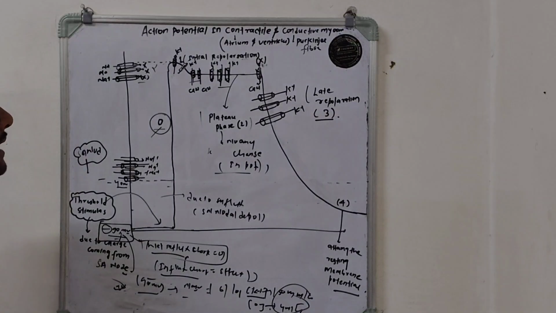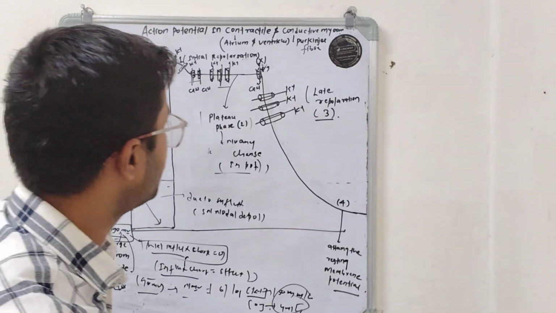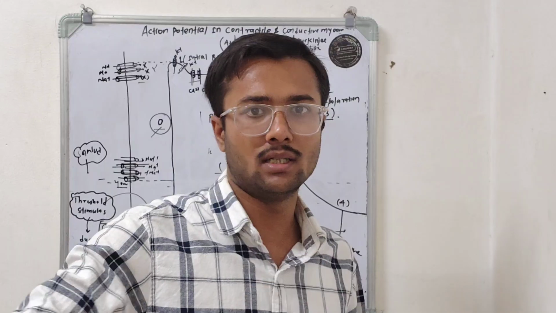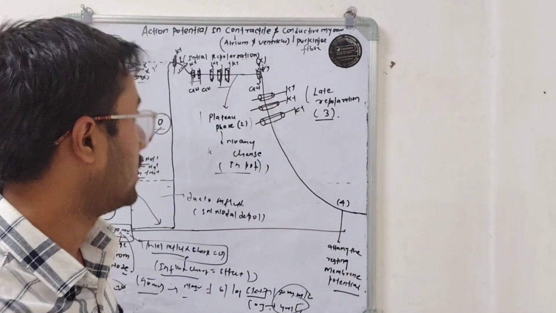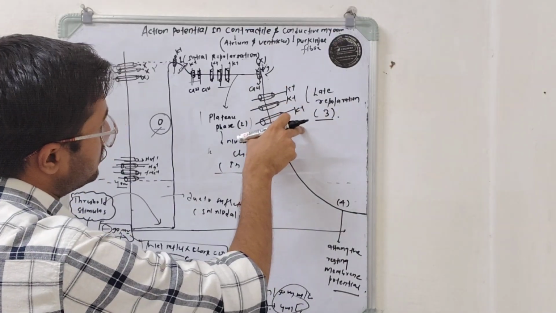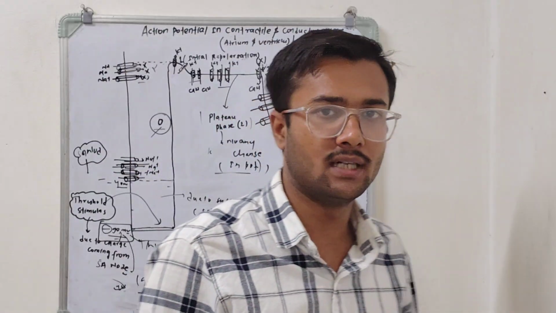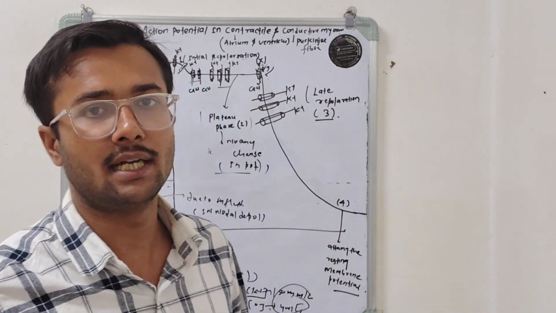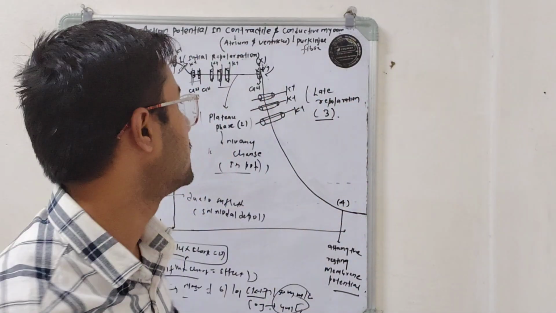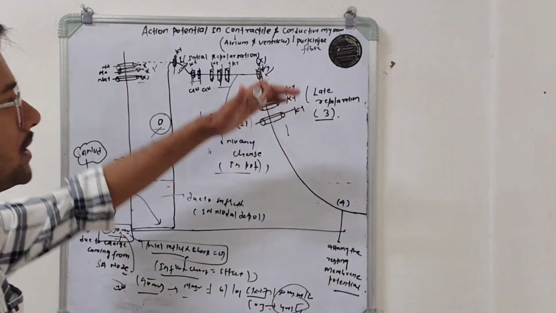After some time, there is the closing of calcium channels. After the closing of calcium channels, the potassium channels are still open. So again there is a net movement of charge, and that leads to a change in membrane potential.